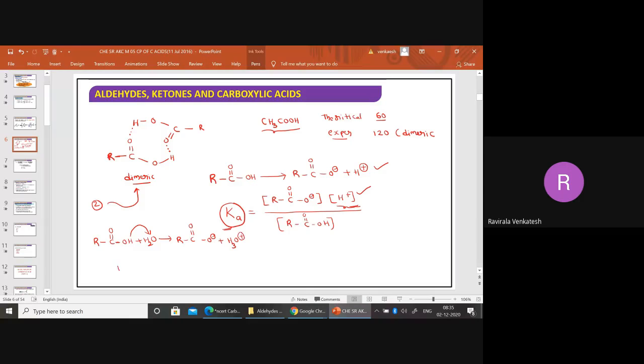Then if you write dissociation constant Ka, we get R C double bond O minus into H3O plus divided by RCOOH plus water. Generally, water does not have any concentration, so no need to take water. So this is actually given in your textbook with taking water. I have taken directly like this here. Both are correct only. Both you can write in examination, no problem.